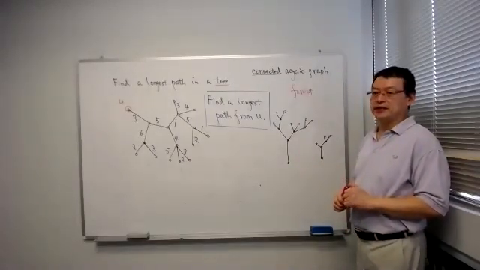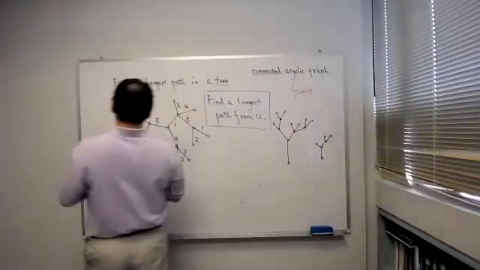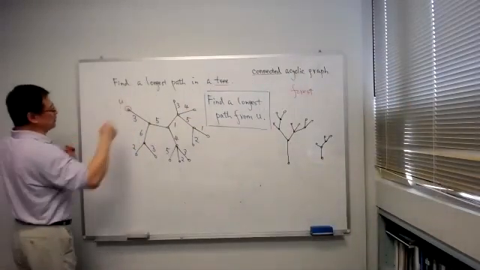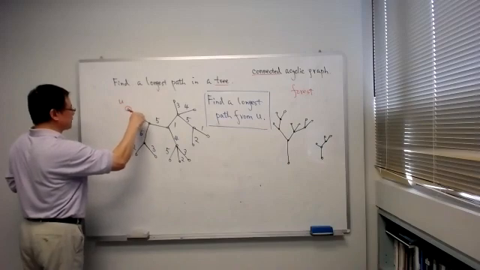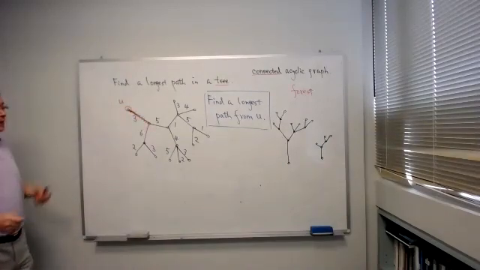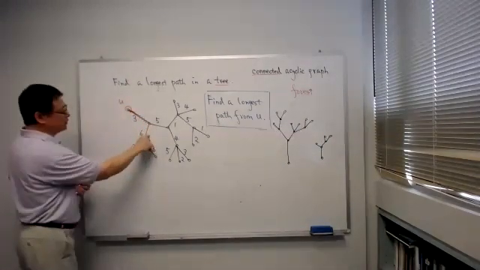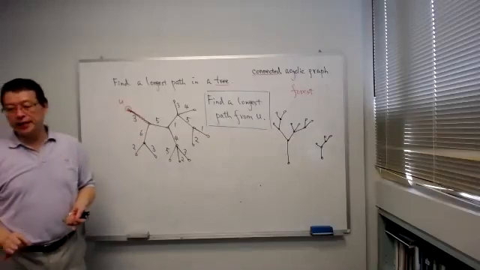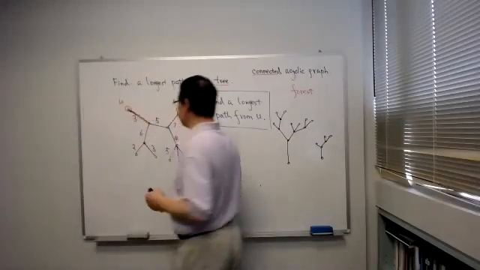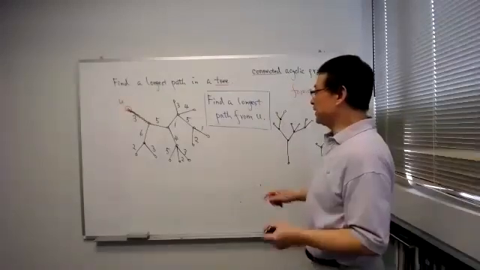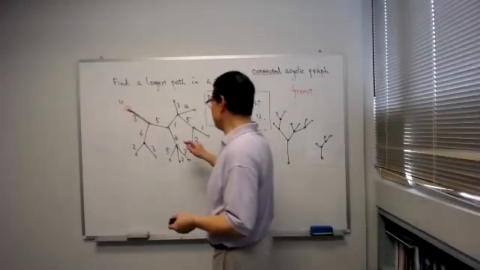Find the longest path. The first edge must use this one, of course. The next one we can take this one or this one. Even if we consider all possibilities, it will enable us to find it. For this case, I think it's this one.